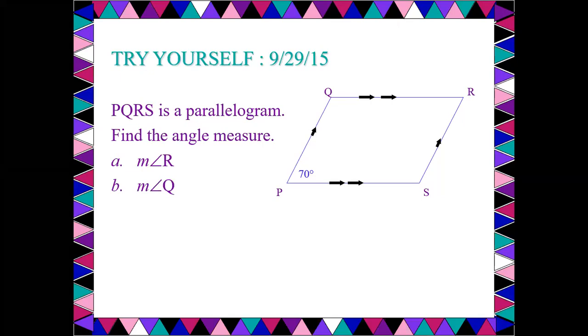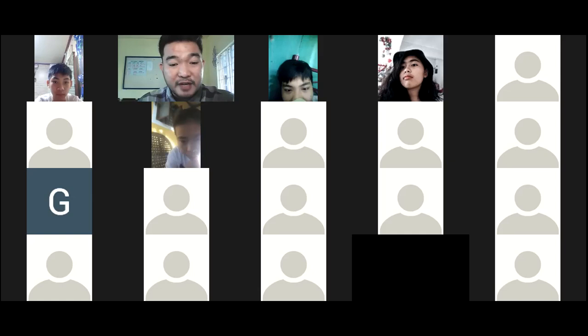Wala na? Correct answer is 110 degrees. Congratulations to those who made it. Alright. So those are the different properties of a parallelogram.